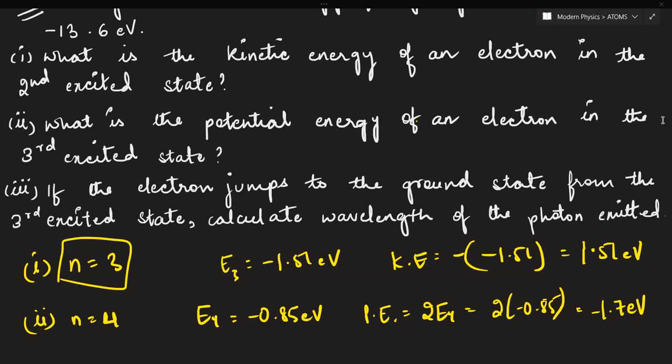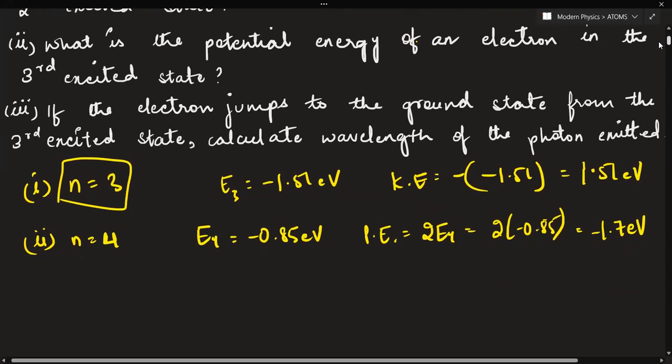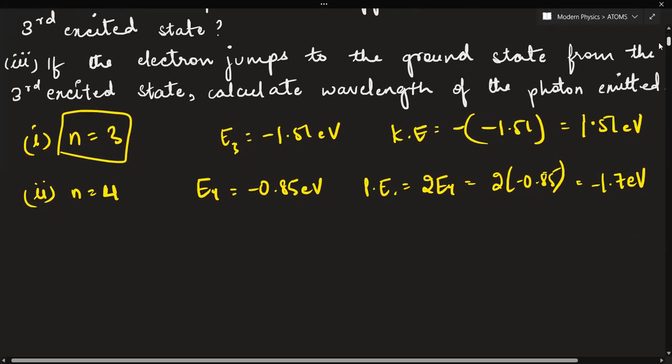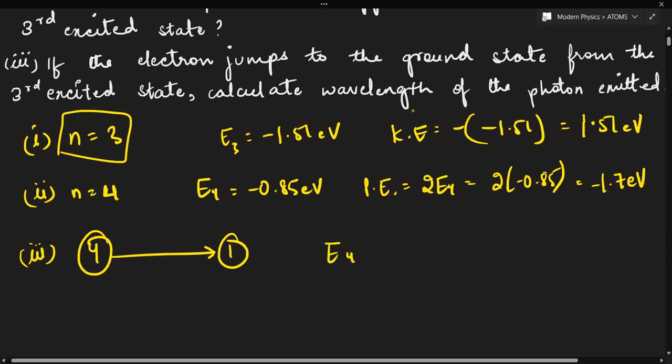Third part says, class, if the electron jumps to the ground state from third excited state. It means third excited state is the fourth one, which we have just written. So from the fourth, it is jumping back to the ground state, that is n equal to 1. We have to find out the wavelength. So if you know what is the energy right over here, you can easily calculate the wavelength. So energy will be E4 minus E1.